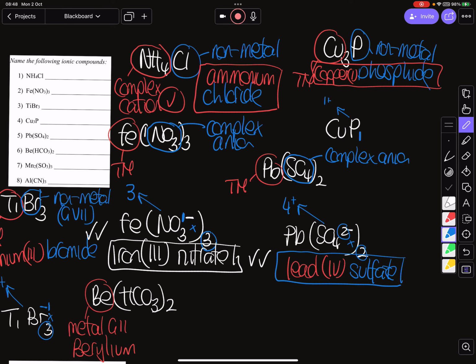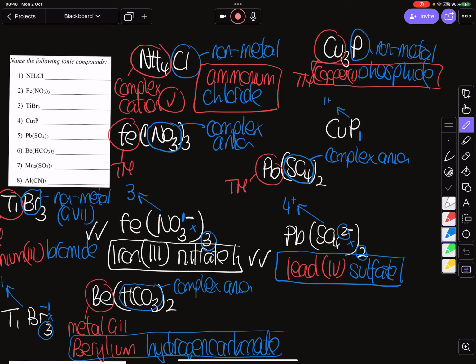We know that here in our bracket this has to be a complex anion, and that complex anion is a hydrogen carbonate. So we don't have to worry about variable valency, we just write it as beryllium hydrogen carbonate. So again, on one of my mark schemes, that will just give you 1 tick because we didn't have to do anything else to it.